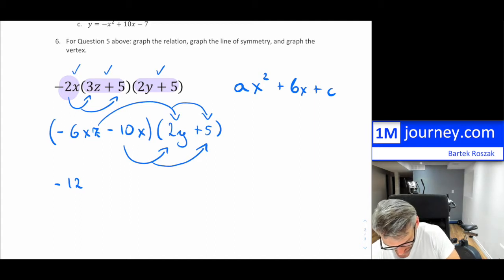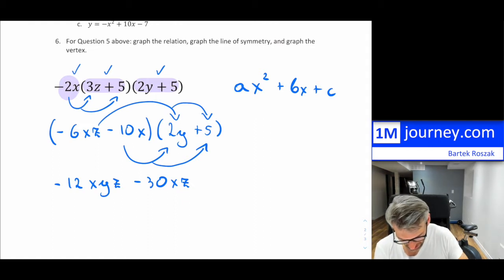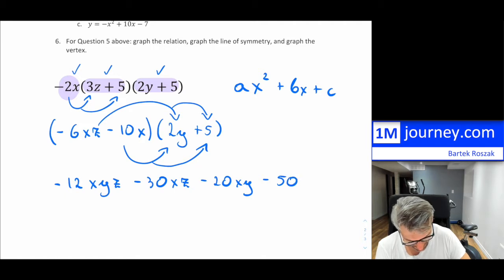The first one is negative 12xyz. The second one is negative 30xz. The next one is negative 20xy. And then finally, you're going to have negative 50x.